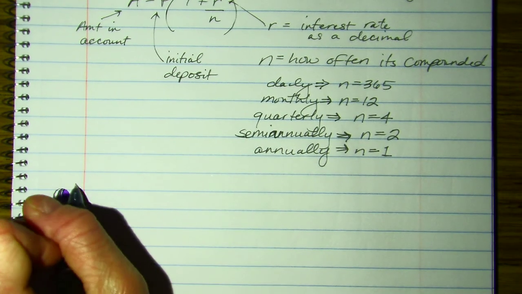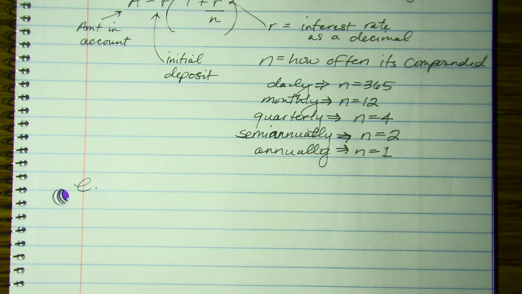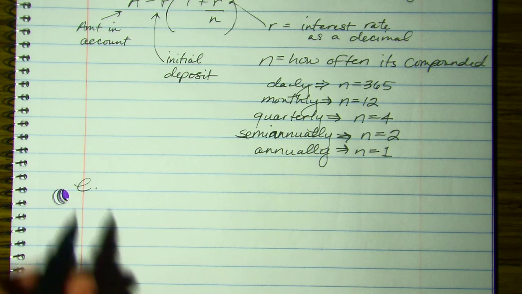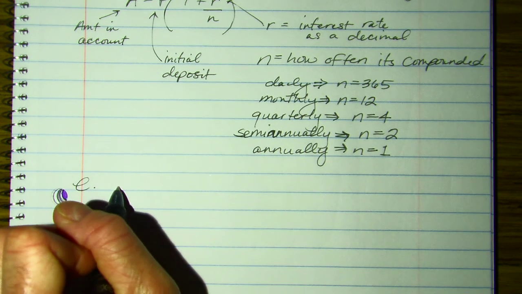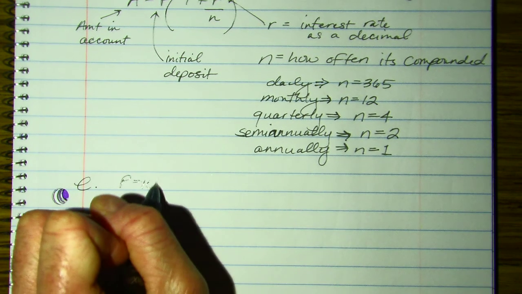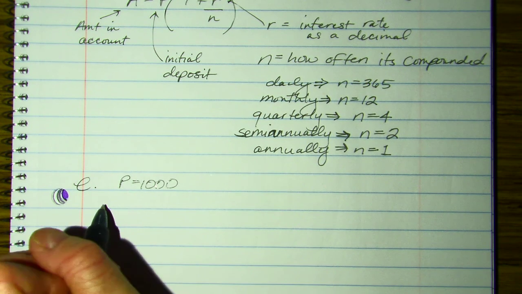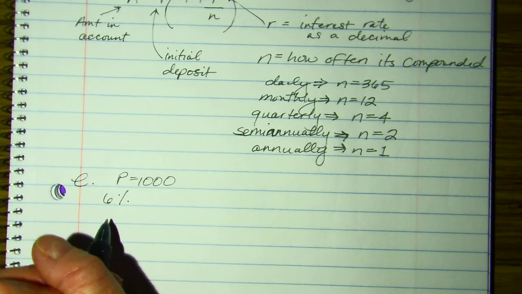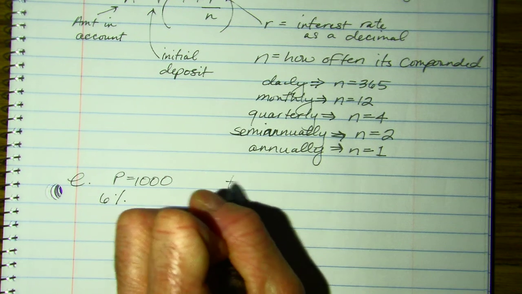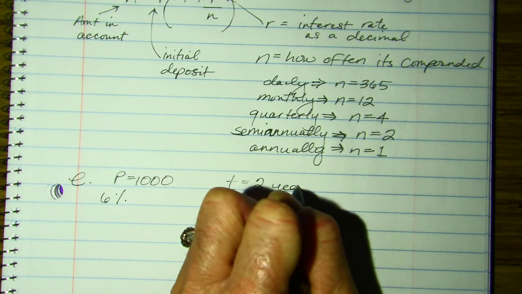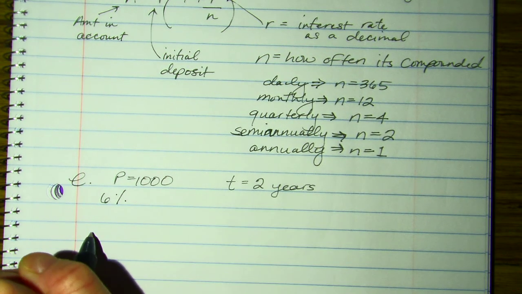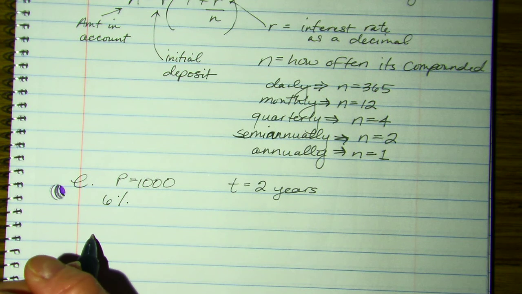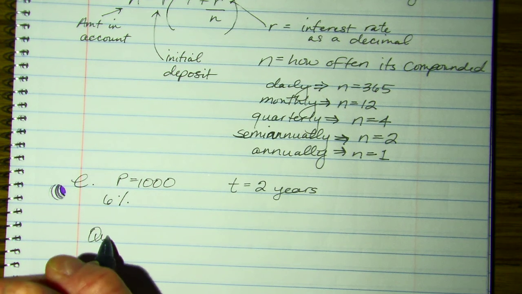And there are 2 parts to part E. So they told us we have deposited, in your book it says we've deposit, so P equals 1,000. It told us our interest rate is 6%. And it said that T is 2 years. Okay, there are 2 parts. Part 1 is it's compounded quarterly.